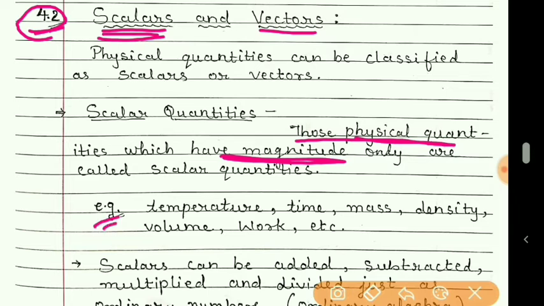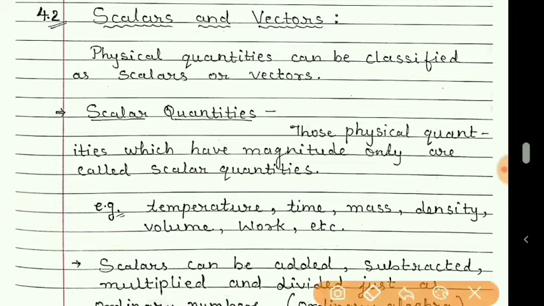Examples are given here: temperature, time, mass, density, volume, work, etc. Students, when we measure the temperature, would it have any direction? No, the direction is not there. Only a number is there. Suppose the temperature is 60 degrees Celsius.